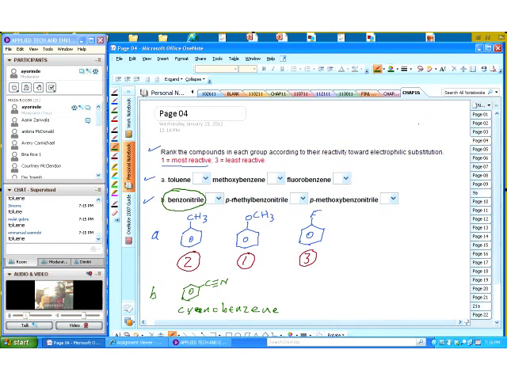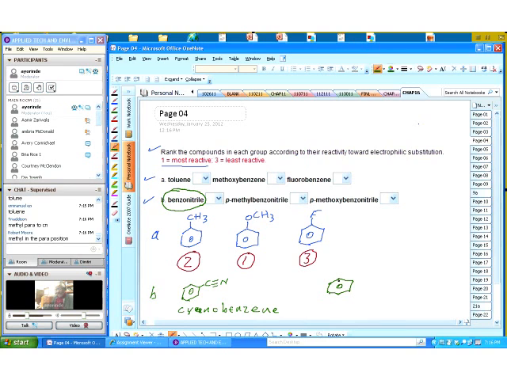Okay, now you have p-methyl benzonitrile. Now, what will p-methyl benzonitrile look like? We already know what benzonitrile is. So the methyl group will be in what position of benzonitrile?